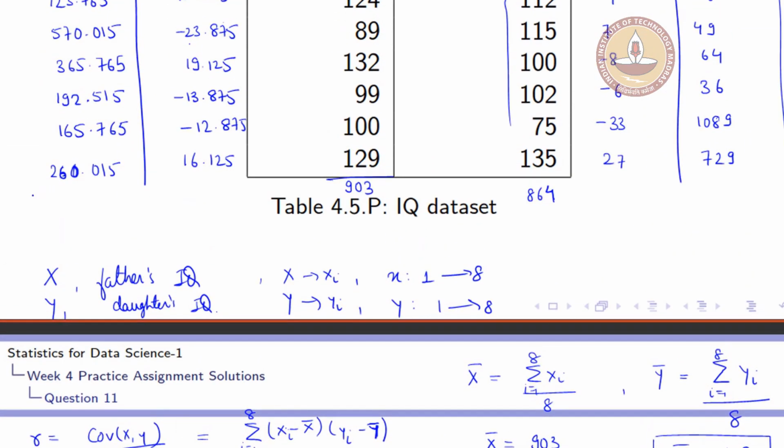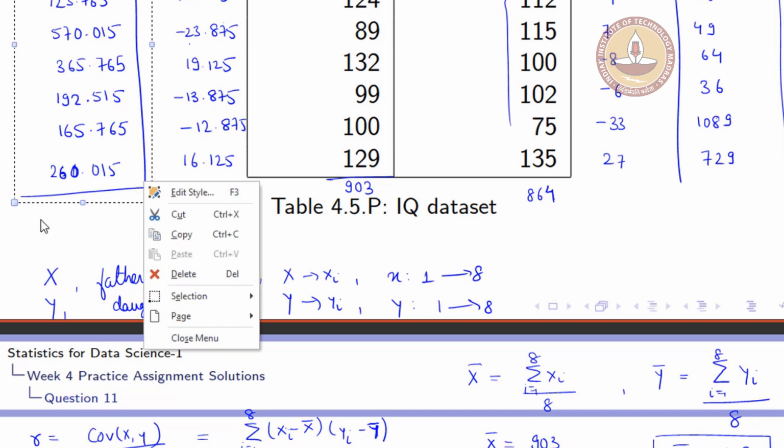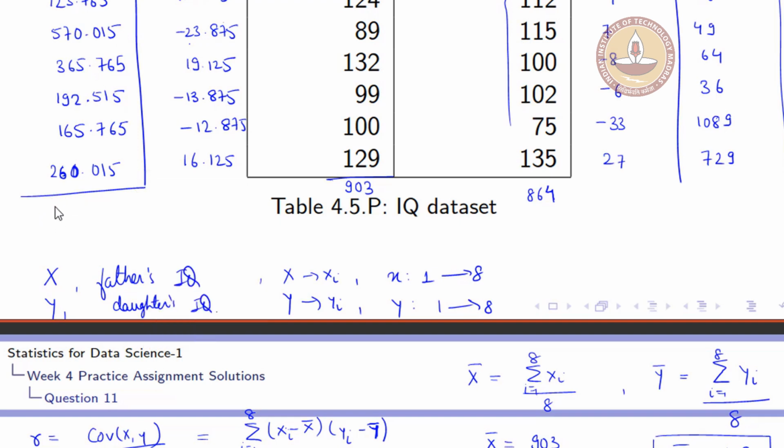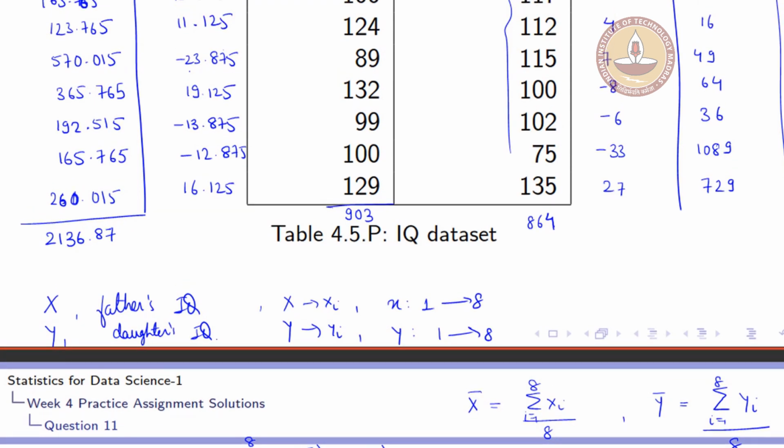So let's add all those numbers, and this is going to be 2136.87. And let's add up the square deviation of y. This is going to be 2064.